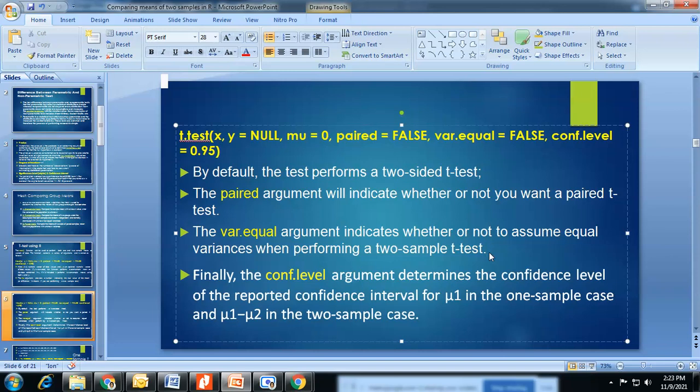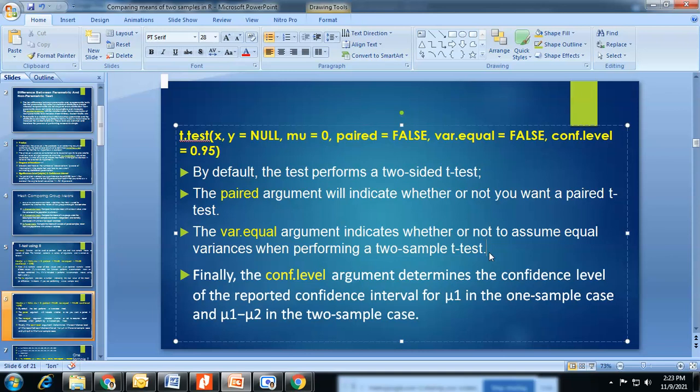If the variances are equal, you can pass the value as true, and if the variances are not the same, you pass the value as false. That is the argument through which you can assume the variance as same or different.